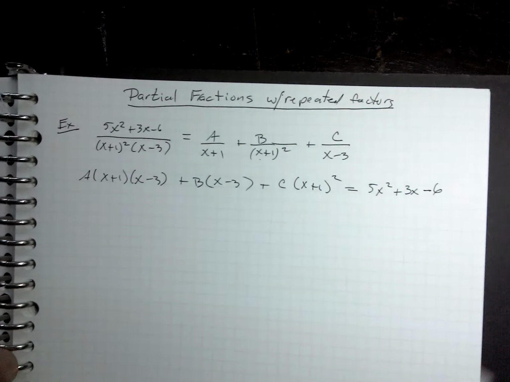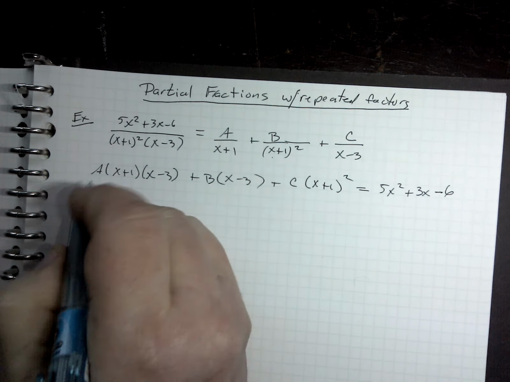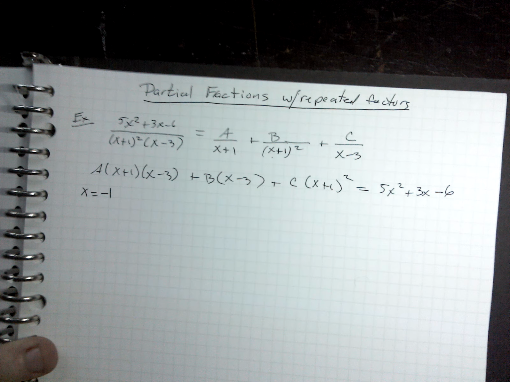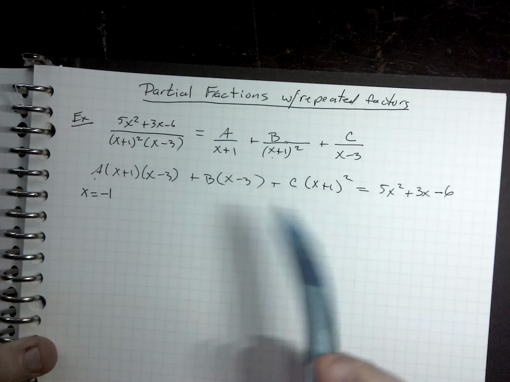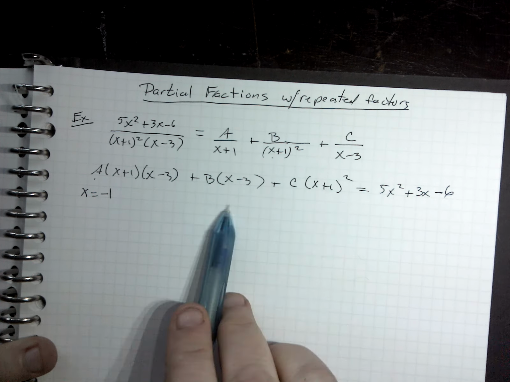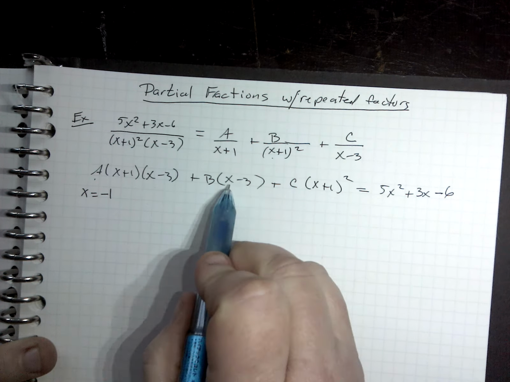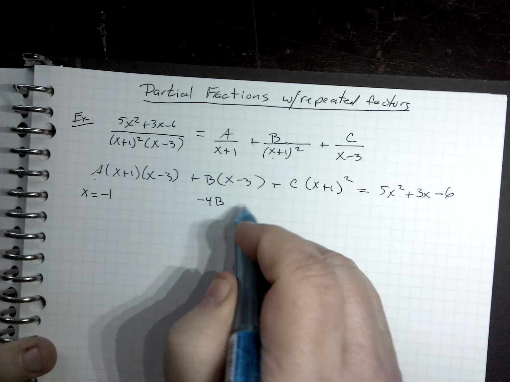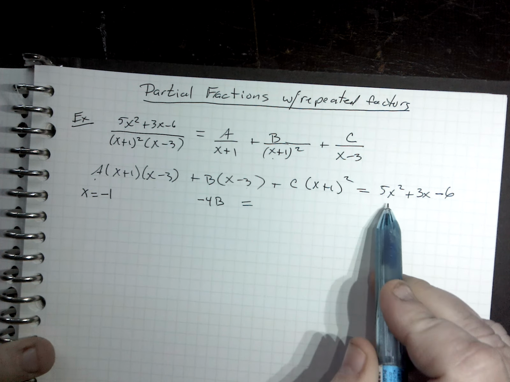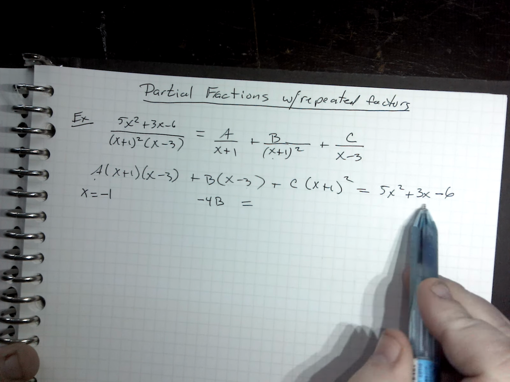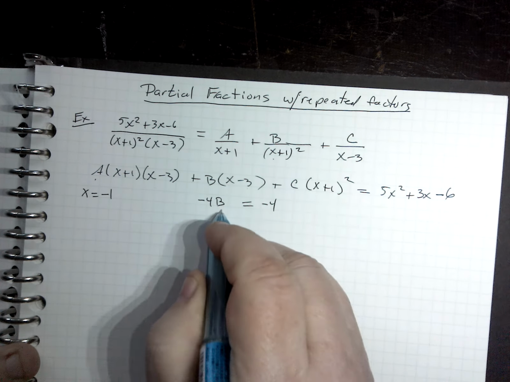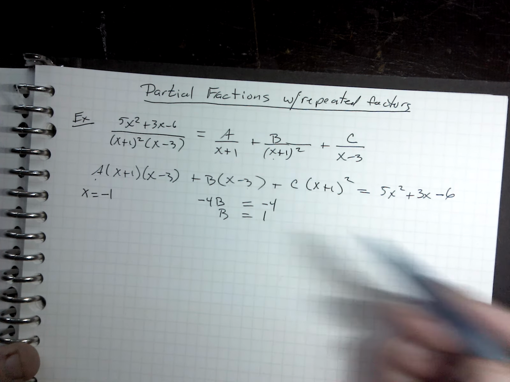So let's see, what are some convenient x's to choose? I'm going to choose x equal to -1. That'll make this go to 0 and this go to 0. So the only thing I have left, -1 in here gives me a -4. So -4B is equal to, if I stick a -1 in here, I will get a -4. Which means B is equal to 1.